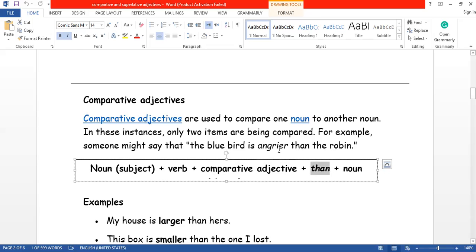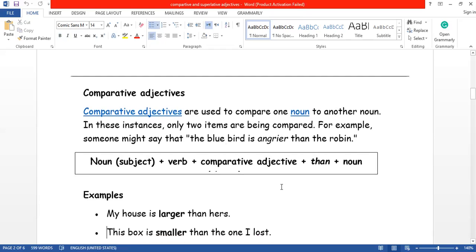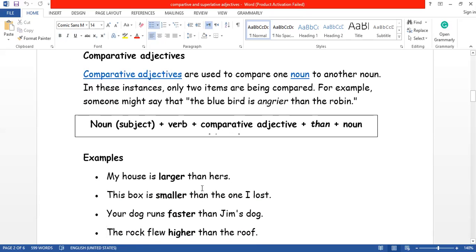For example, the bluebird is angrier than the robin. And in the following example, my house is larger than hers.